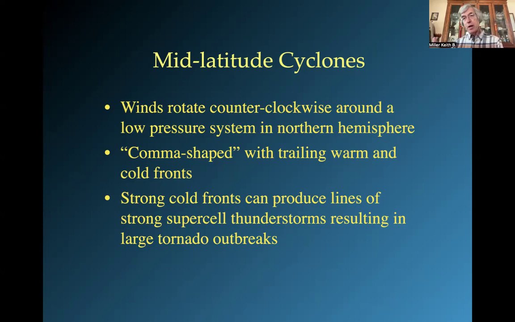Oftentimes you have big tornado outbreaks or supercell storm outbreaks along that cold front. So one thing you might expect in a warming world is because that warmer air is warmer out in front, holding more moisture, you're going to have more intense thunderstorm activity.